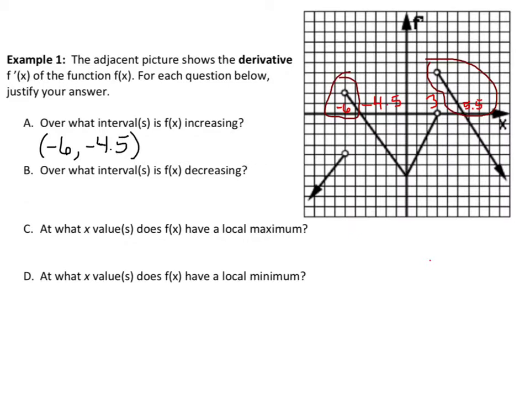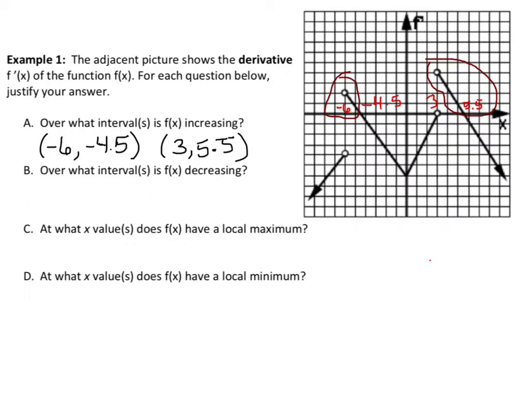And the other area is, of course, from 3 to 5.5, just about. Now, the reasoning, the justification for this is because the derivative is positive. The derivative, again, are the points on this graph. So this is where it's increasing.